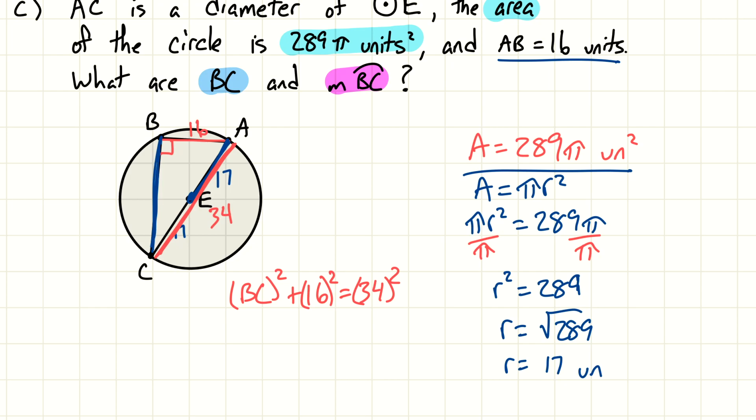If we do these calculations, 34 squared is equal to 1,156. 16 squared is 256, plus BC squared. So if we take 1156, subtract 256, we have BC squared is equal to 900.